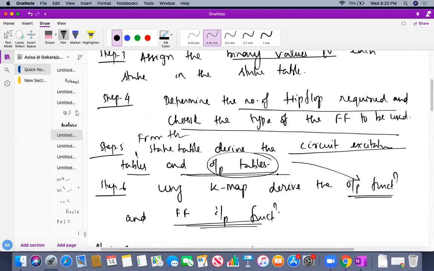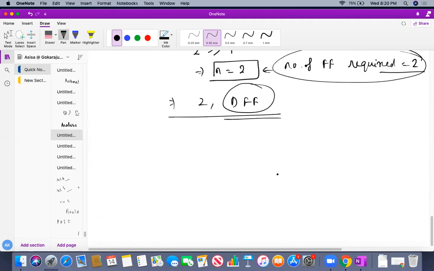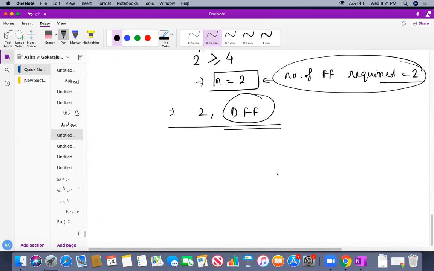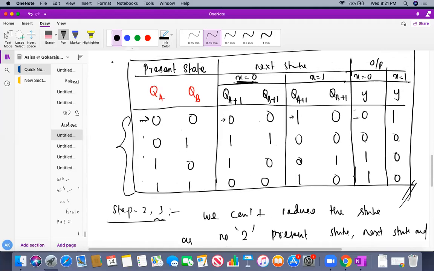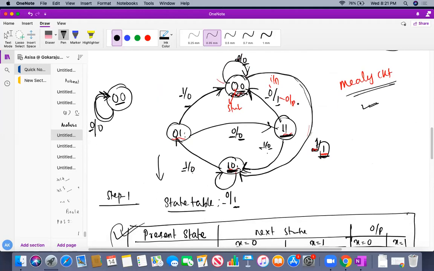Do you all understand? We have the state table here already. This is called the state table. We have obtained the state table from the state diagram, nothing else.